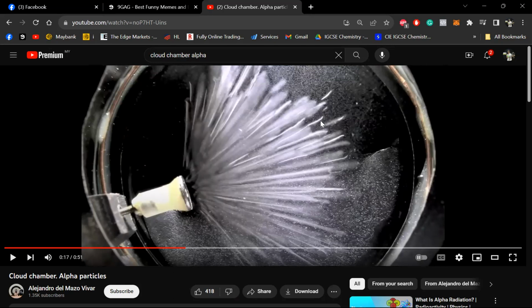Like for example, smoke detection. It's a form of radiation. It's not a gas form. Like imagine the sun radiating infrared radiation towards us.